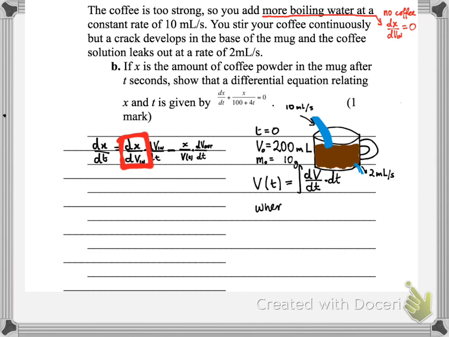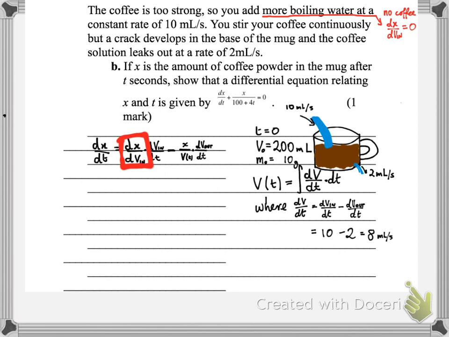Now, the next thing, here we go. When we think about the flow going into the coffee cup and the flow coming out of the coffee cup, we're going to have a volume of the coffee in the cup that's going to change with time, and so we've got to identify the net rate of change of volume, the net flow, and integrate to get a rule for volume with respect to time. So the net flow is the flow rate in minus the flow rate out.